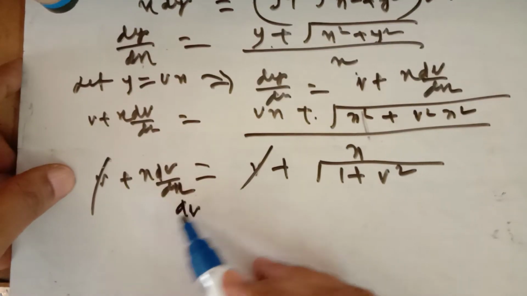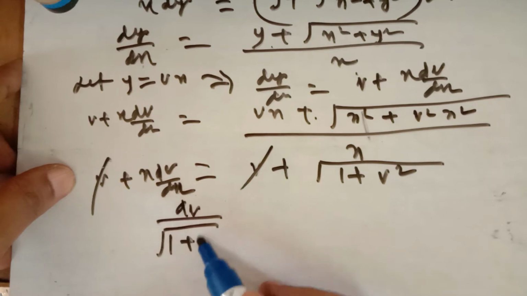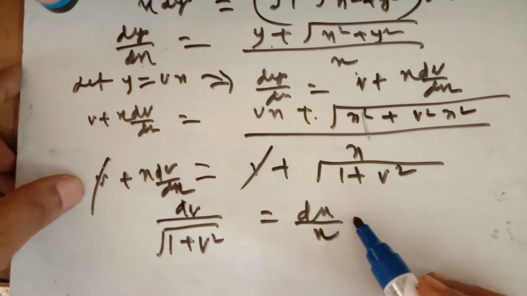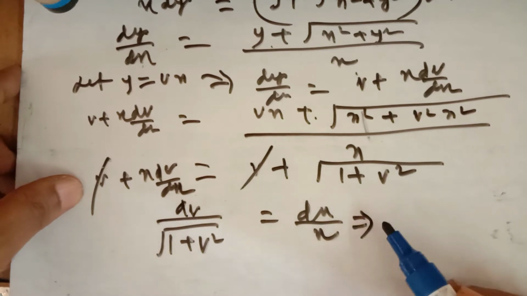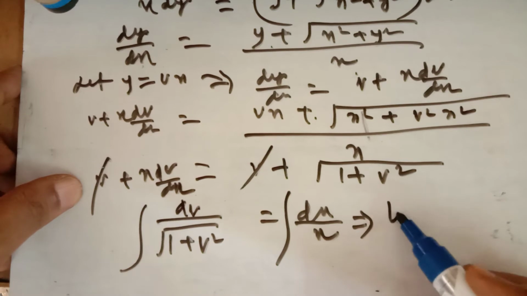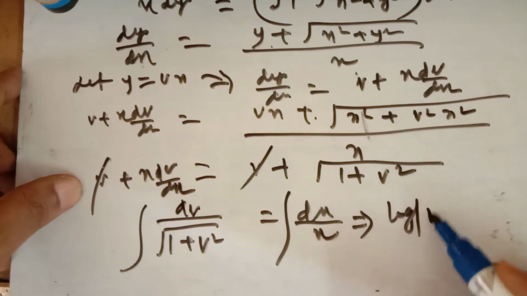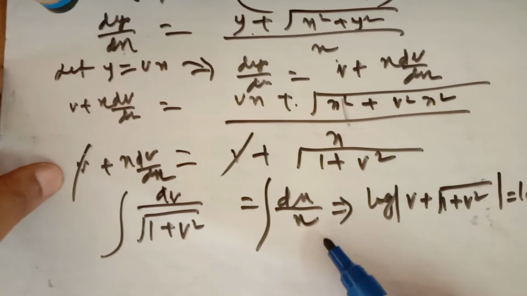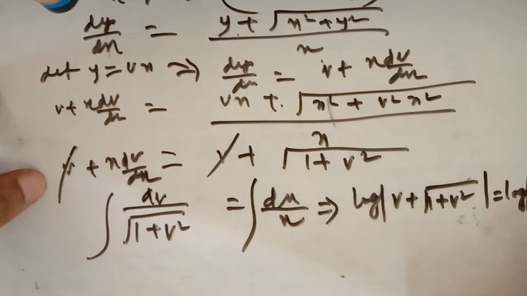And dv upon under root 1 plus v square is equal to dx upon x. So this is a special integral of 1 upon under root a square plus x square, which is equal to log x plus under root 1 plus x square. In place of x we have v, and the integration of 1 upon x is log x.